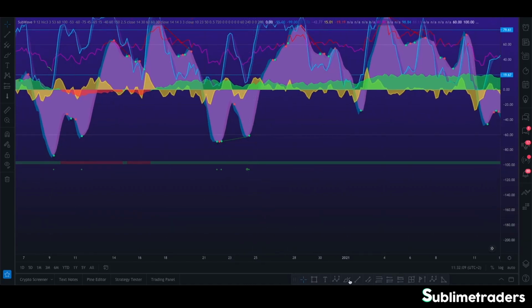Because I am the one that modified it, I didn't create it, I modified this indicator, I know that the best pattern we can have would look something like this on the waves. So I'm talking about the waves now. The waves are the most important part of this whole Sublime Wave indicator. So the best pattern that we should look for is something like this.